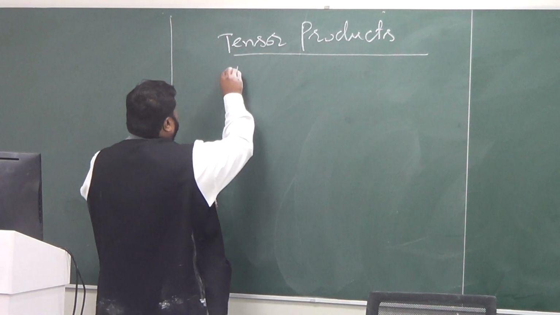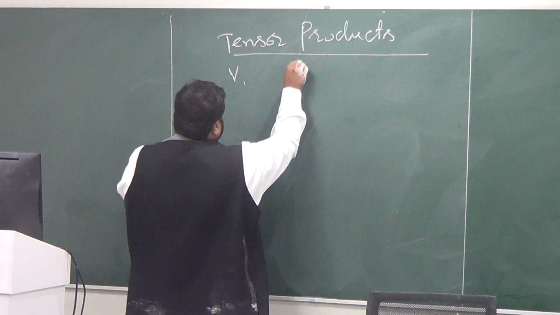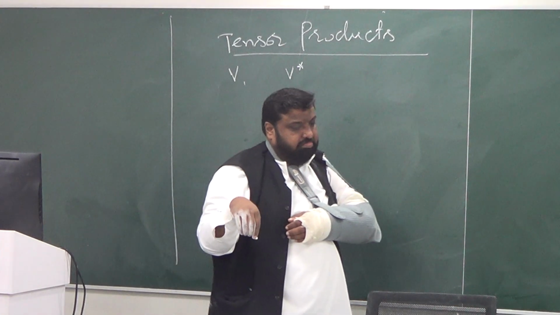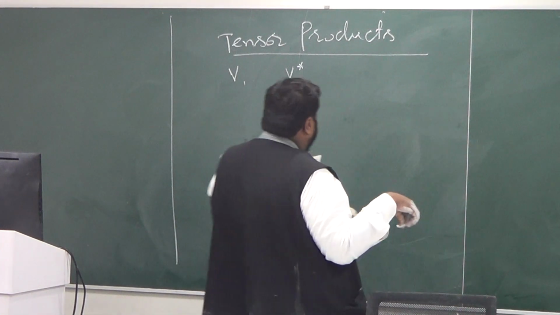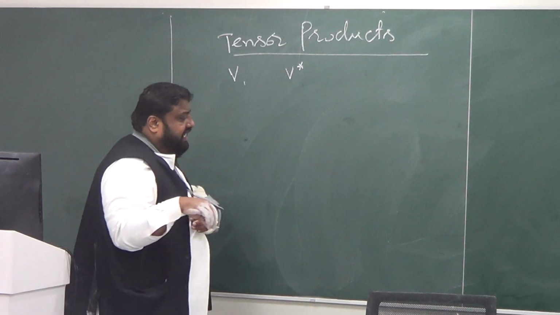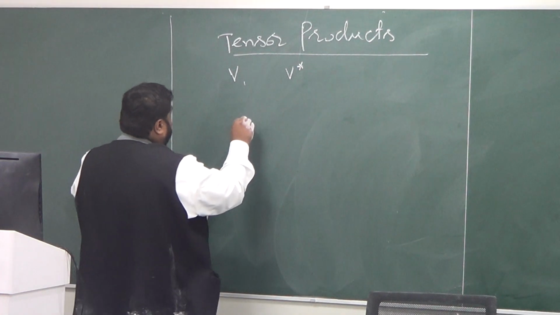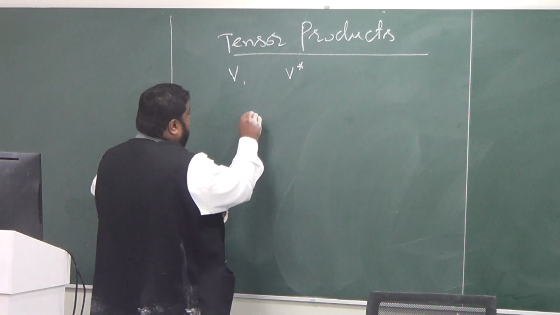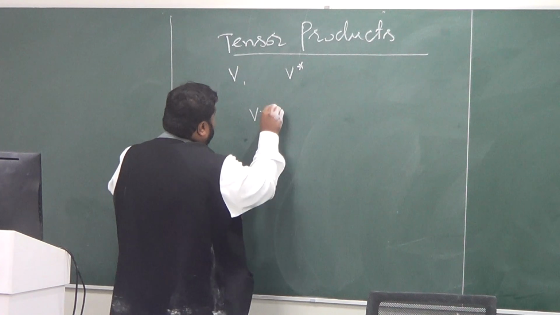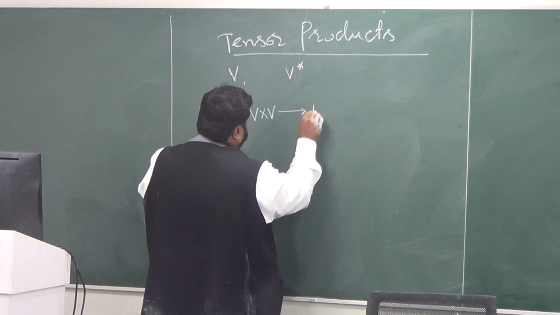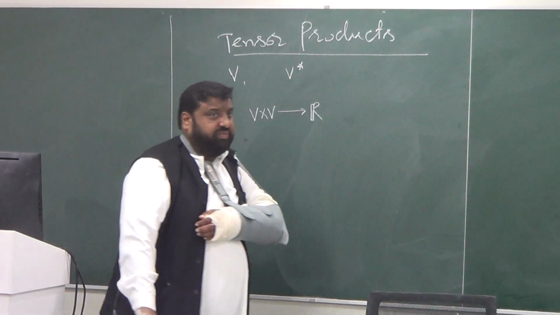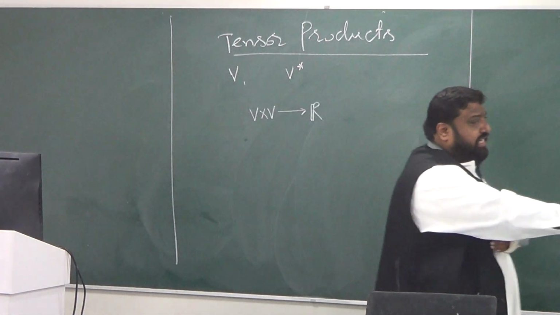Let's have a vector space V, and its dual V star, finite dimensional, and let's create, I want to create a linear map from V cross V into R. Here I have abstractly defined it.